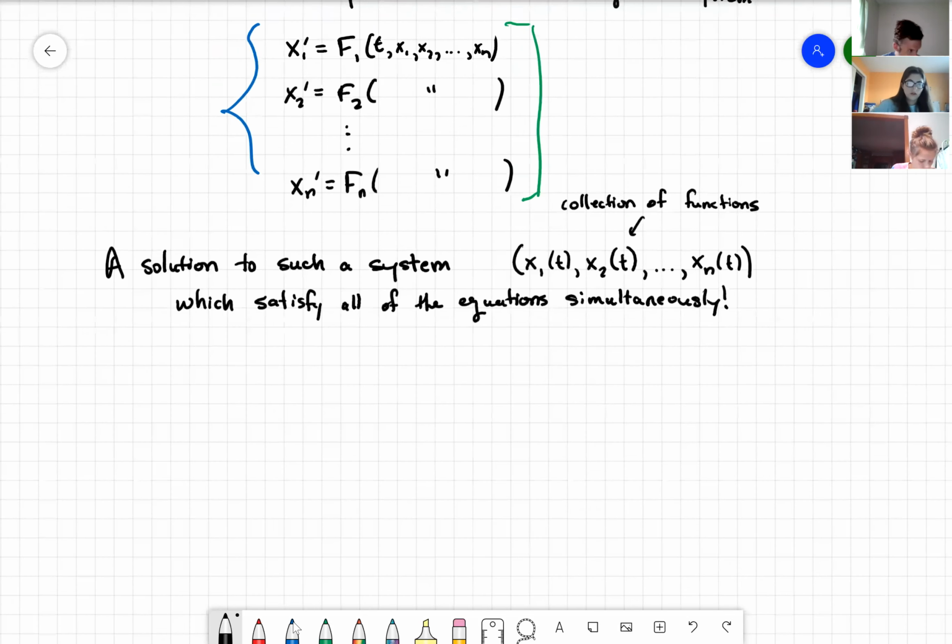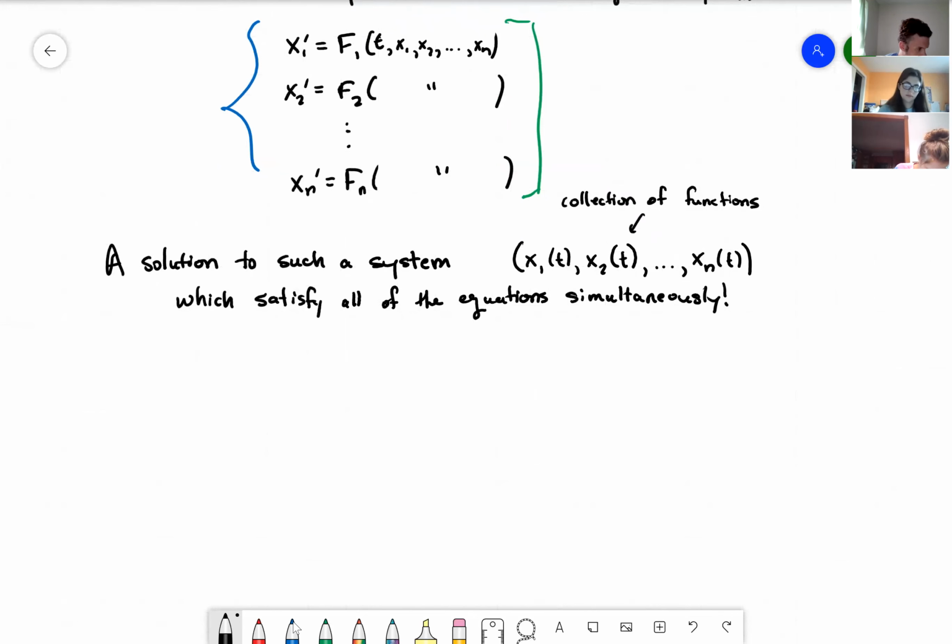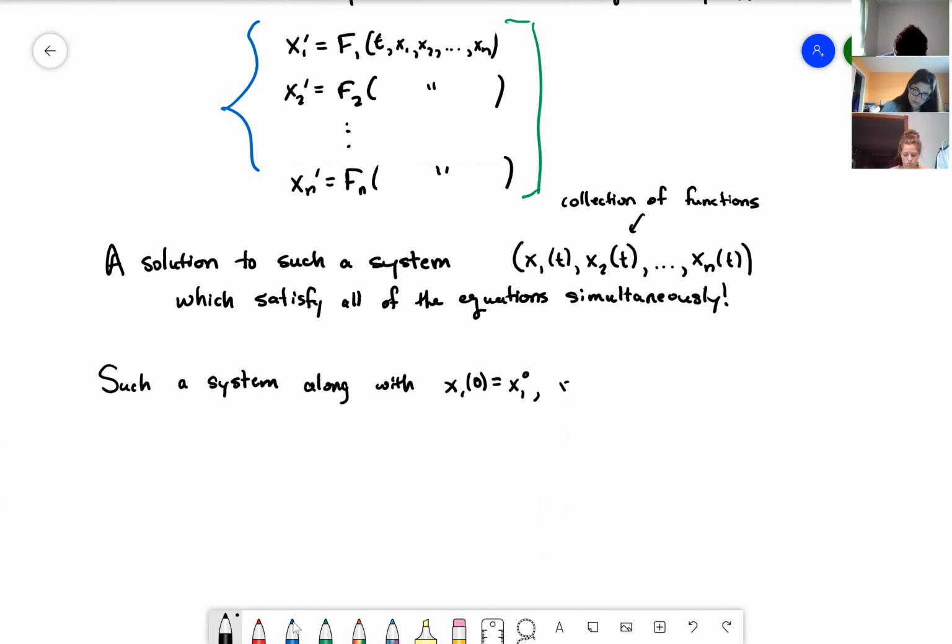That's a very important and very strong constraint on the kinds of solutions that we can get. Now, if we're given such a system, you probably know where I'm going with this. Such a system along with x1 of 0 equals, we have to be a little creative with our subscripts and superscripts, so some constant x1, 0.